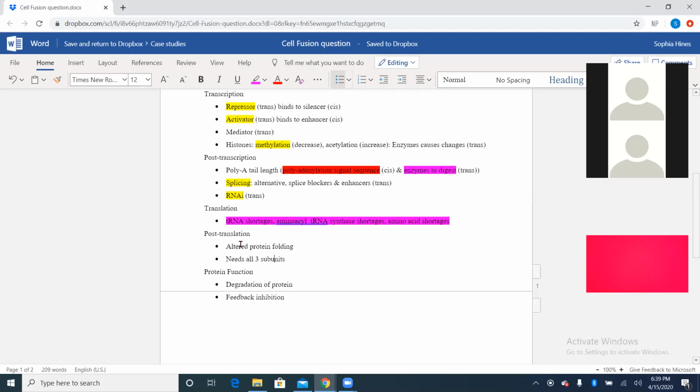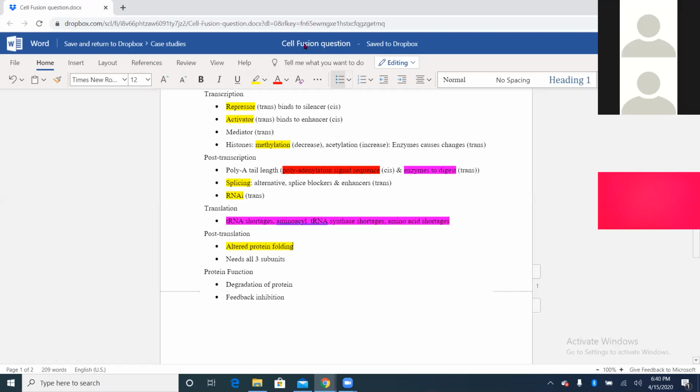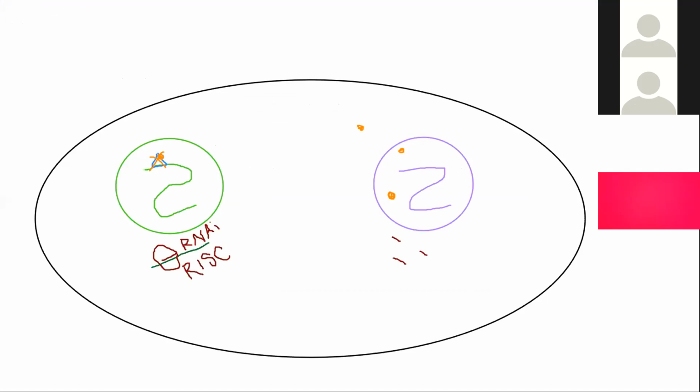Now let's say the mRNA did get turned into its polypeptide sequence, but you could have altered protein folding. So looking back here at my whiteboard, and I will erase this guy.